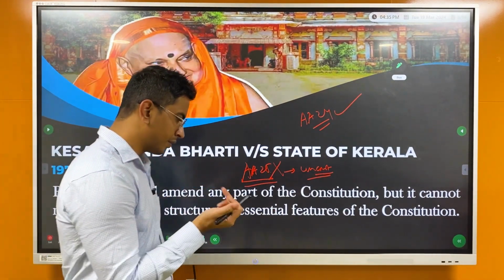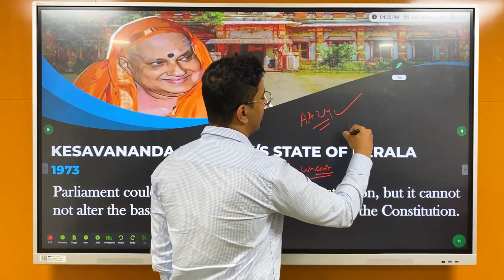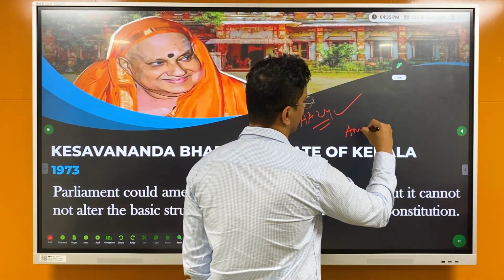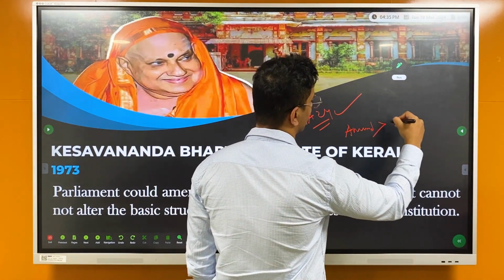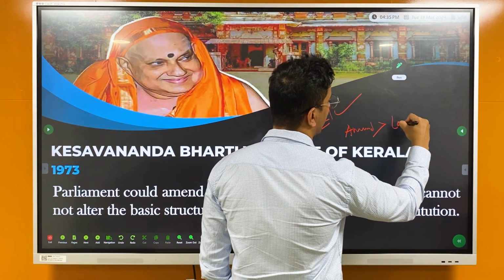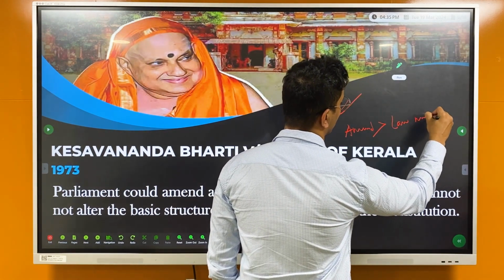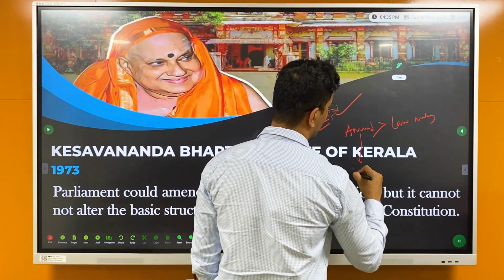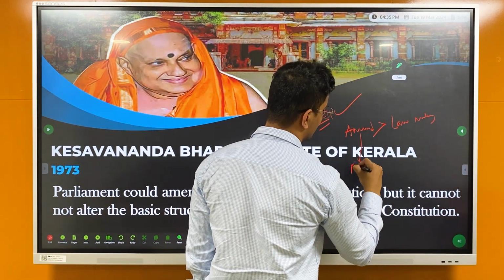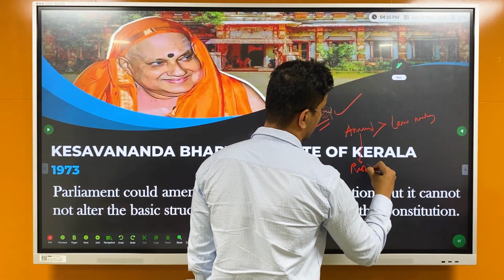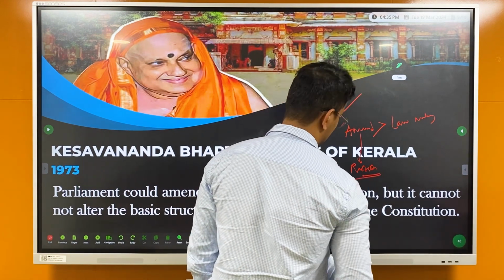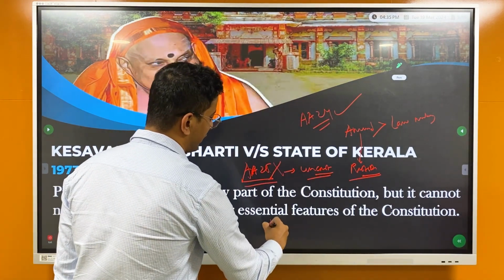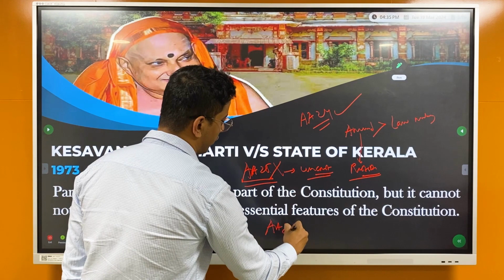Here, they said that the amendment power of Constitution is more important than the law-making power. And this should have some restrictions. And said that government cannot take the way of 368.